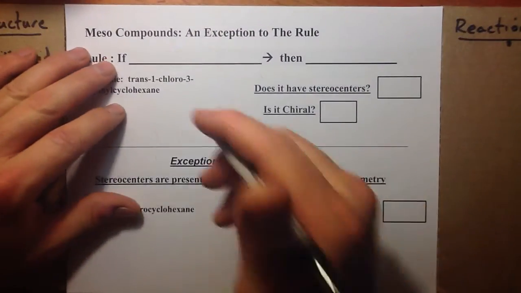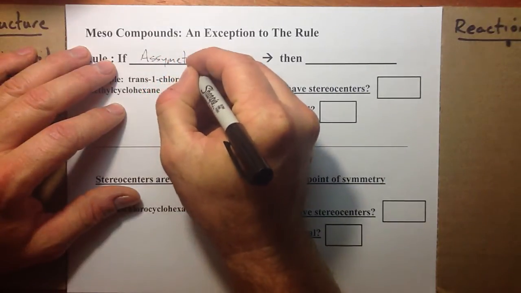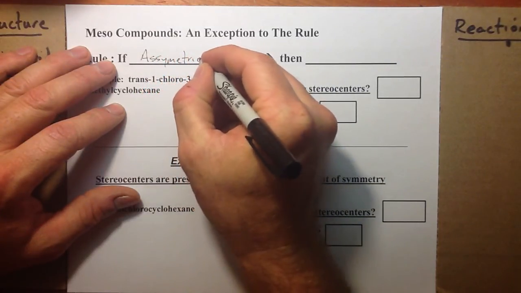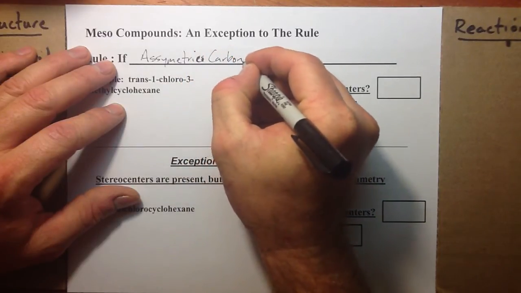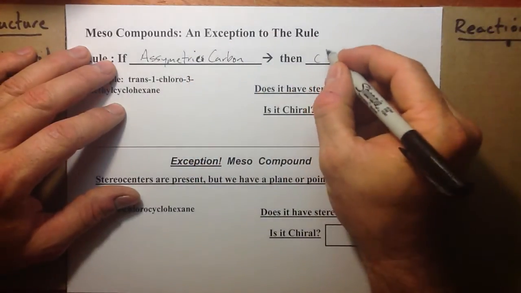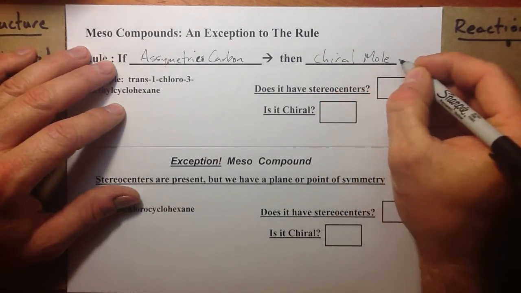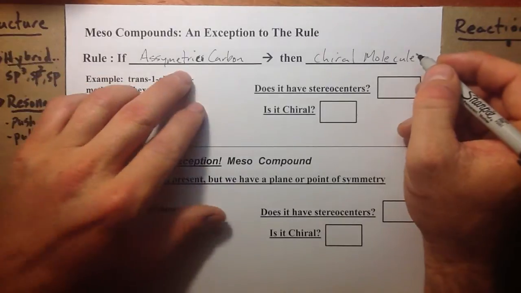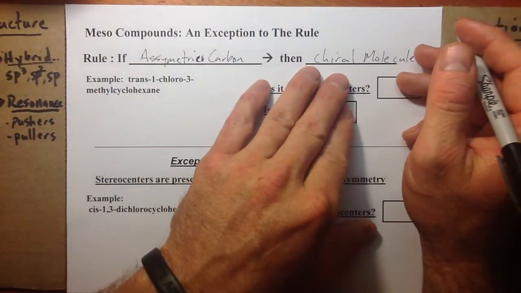So the rule is, if asymmetric carbon, then chiral molecule. So we're talking about the source of chirality, and that being the asymmetric carbon, and it affects the whole molecule.